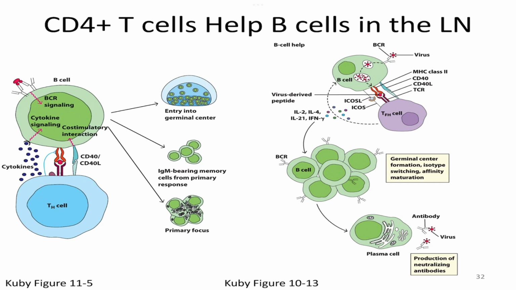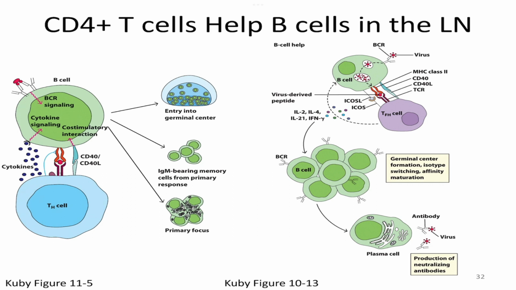That means, of course, that they will be presenting to a helper T cell, and that helper T cell can produce some cytokines as well as produce CD40 ligand to interact with the B cell's CD40 in order to give that B cell both a signal 2 through CD40 and sort of a signal 3 with those cytokines.